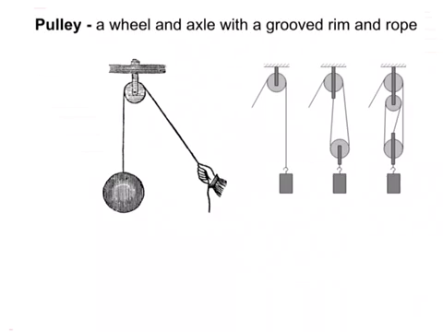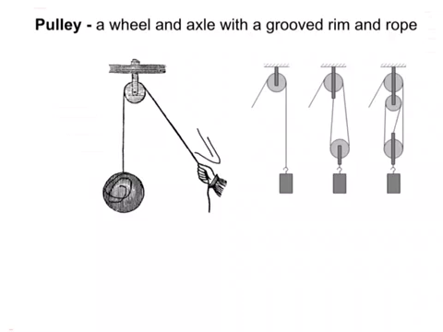Our third machine is a pulley. Now, you've probably seen pulleys and cranes and all over the place. We define a pulley as a wheel and axle with a grooved rim and rope. You use a pulley by attaching a weight to one side and then adding effort or pulling on the other side.